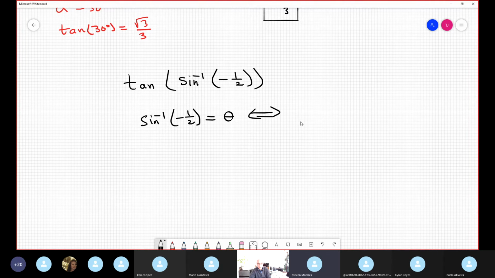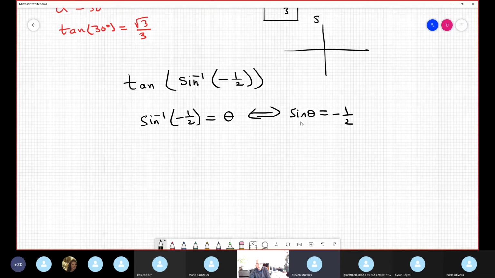This is equivalent to say sine theta is equal to negative 1/2. I come back to the agreement of the sine inverse. Sine inverse when the value is negative, don't make a mistake. It's negative in the fourth quadrant, plus when it is the first quadrant. But in this specific example, the value is negative. Therefore, that indicates to me that we are in the fourth quadrant.